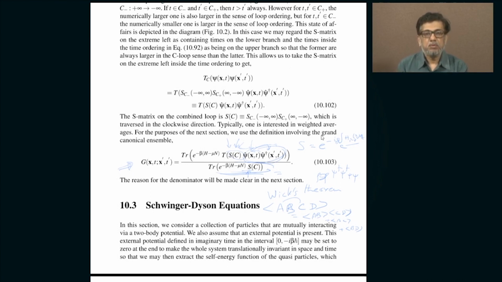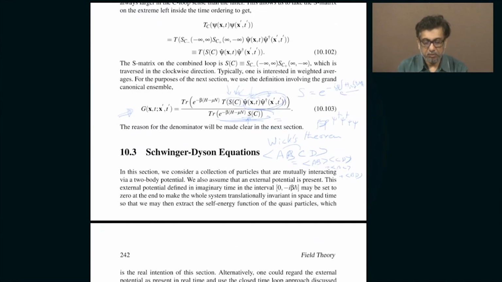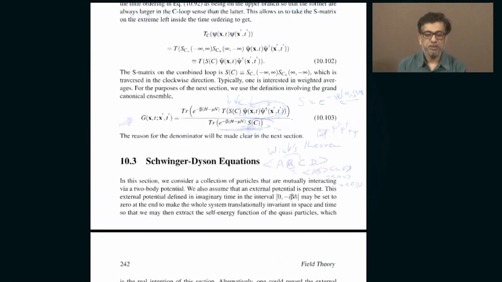But there is a deeper, better reason for introducing this peculiar way of defining Green's functions through contour ordering. And that deeper, more convincing reason is because you can now derive a kind of equation.